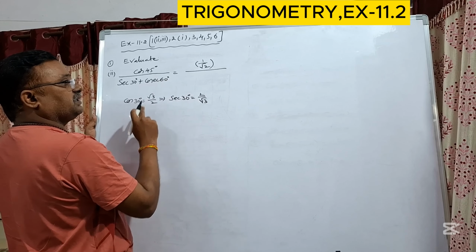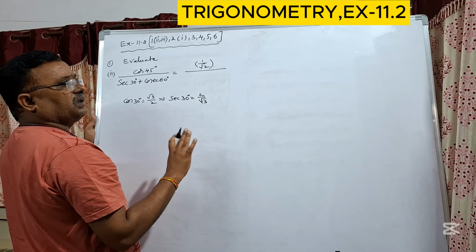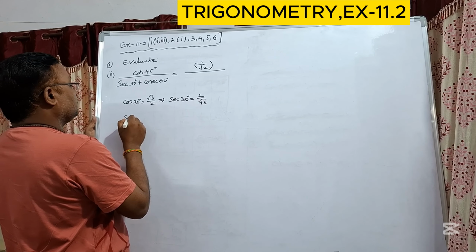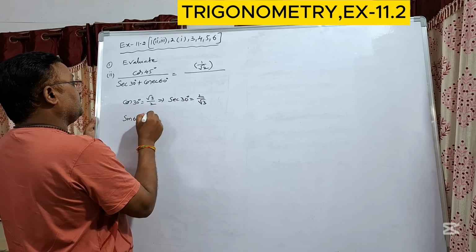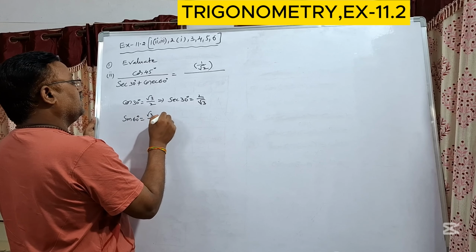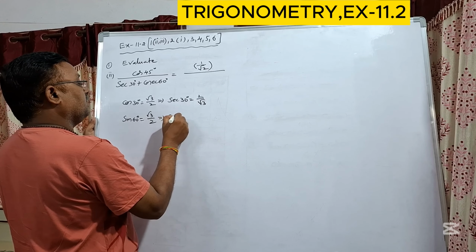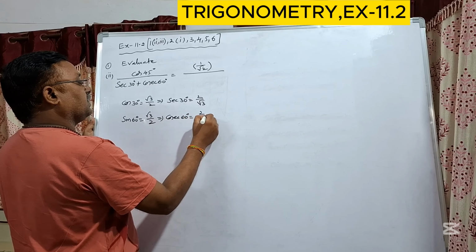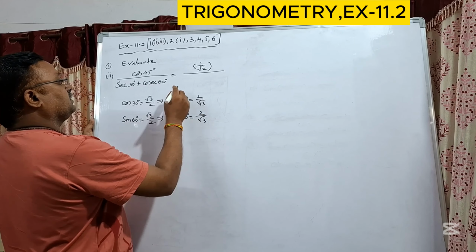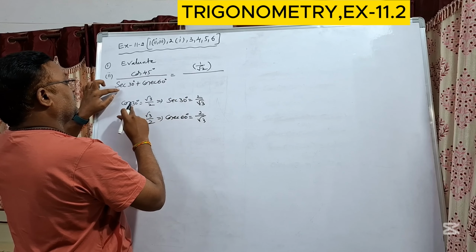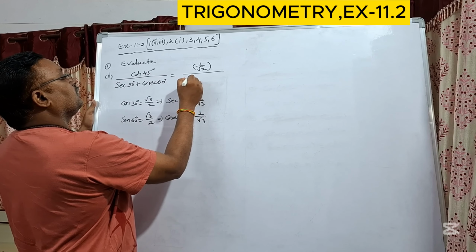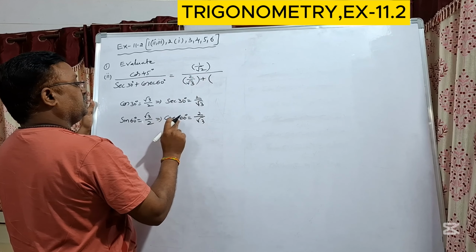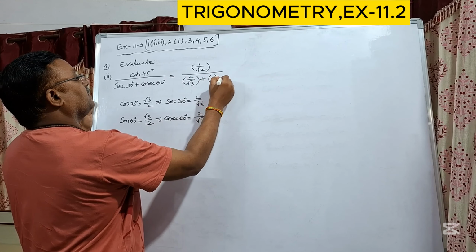Next, cosecant 60, we don't know it directly, so using the reciprocal property, sine 60 degrees value is root 3 by 2, so its reciprocal, cosecant 60 degrees value, is 2 by root 3. Substitute them here. Secant 30 degrees value 2 by root 3 plus cosecant 60 degrees value 2 by root 3.